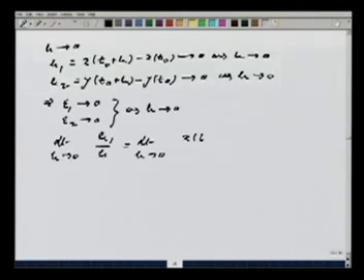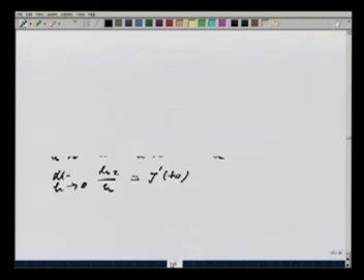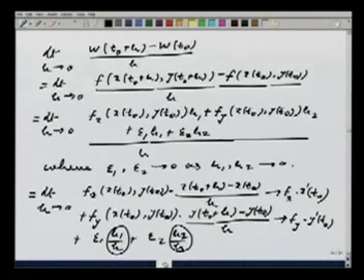It is x(t naught plus h) minus x(t naught) divided by h. So this limit I know is x prime at t naught. Similarly, limit h going to 0 of h2 by h is y prime at t naught.